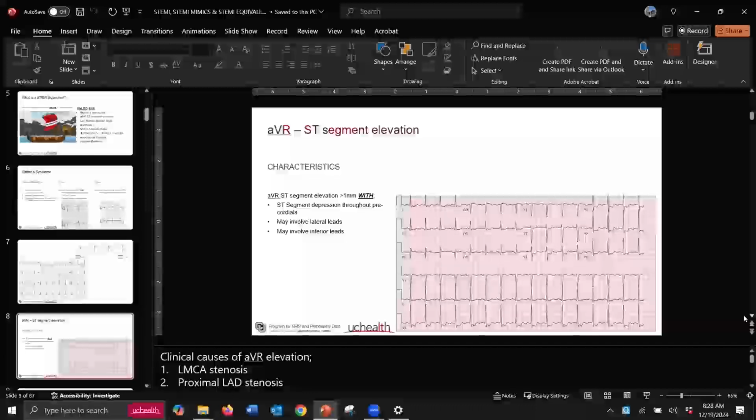The difference between an isolated posterior wall MI, which we'll be talking about, and this AVR ST elevation is that AVR ST elevation comes in combination with widespread ST depression in the precordials, as opposed to a localized depression that we'll see in posterior involvement. And we'll talk about posterior wall MIs here in a little bit. That's a great question. So did that help out, Justin?